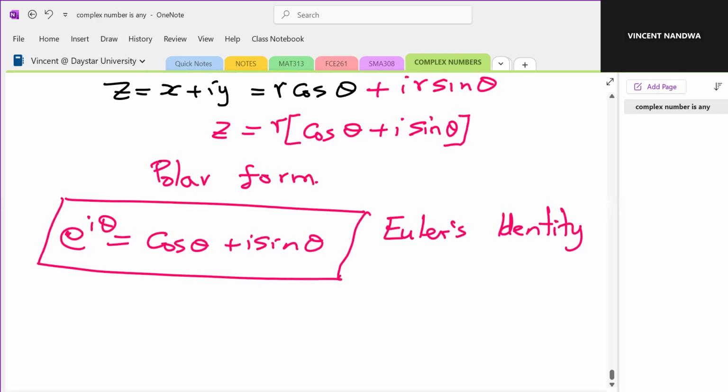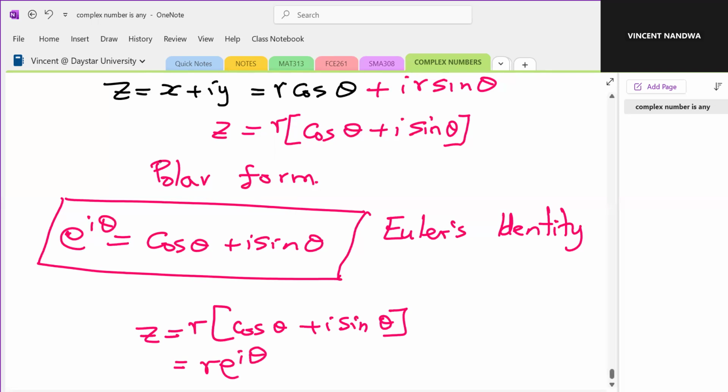So that's why now, when we have z equals r into cos theta plus i sine theta, we can write this one as r e raised power i theta by using Euler's identity.